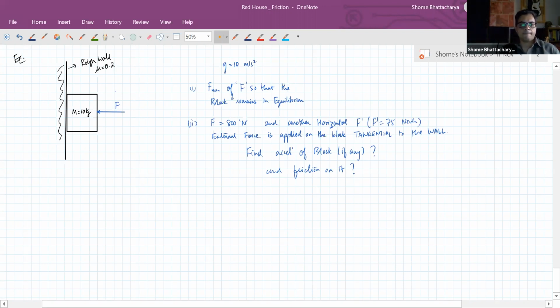Understood? Now this is a vertical wall. Acceleration due to gravity is acting like this.